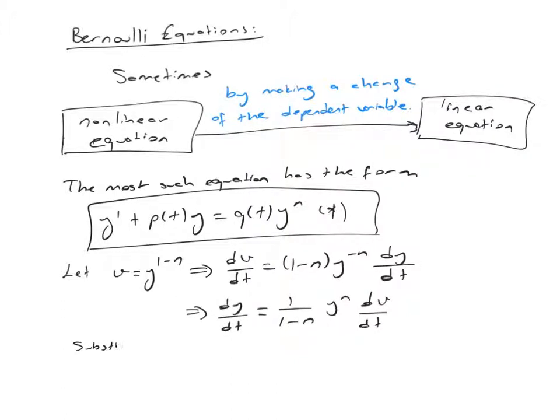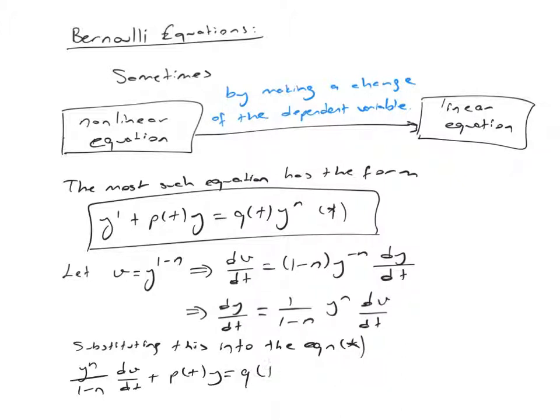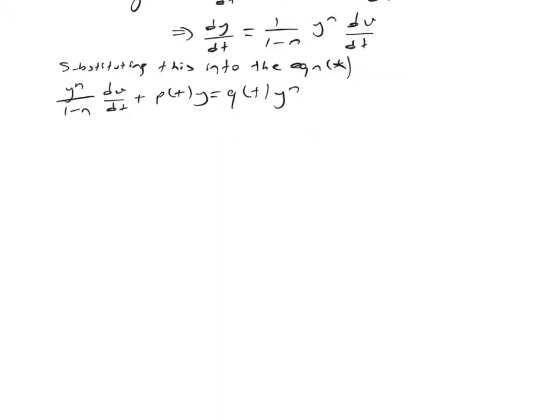Substituting this into the equation star, we get y to the n over 1 minus n times dv over dt plus p of t times y is equal to q of t times y to the n. And from here, dv over dt plus 1 minus n times p of t times y to the 1 minus n is equal to 1 minus n times q of t.